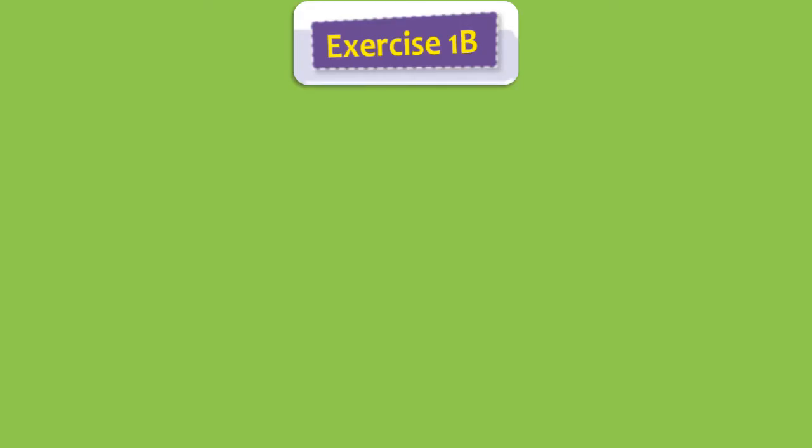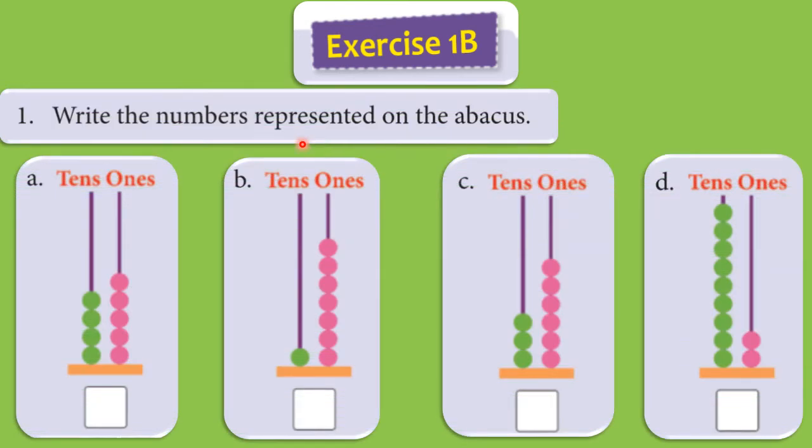Now let us move on to exercise number 1B, which is based on place values that we have learned just now. Question number 1 here is, write the numbers represented on the abacus.